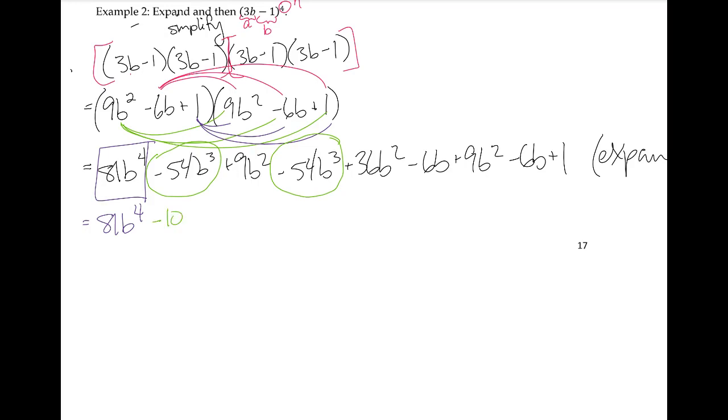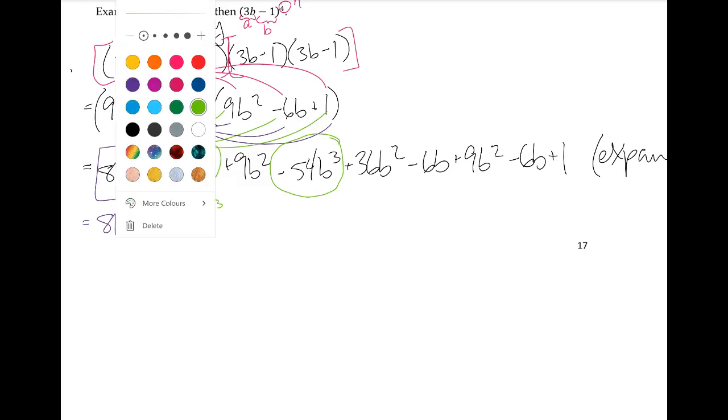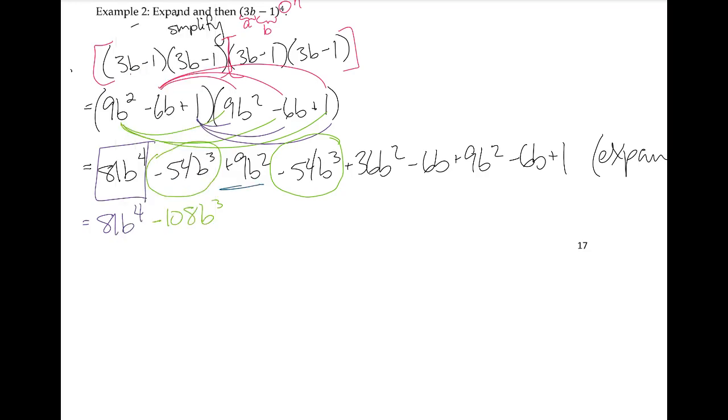That's going to give me negative 108 b cubed. I have these three b squared terms. That gets me 18 plus 36, so 54.